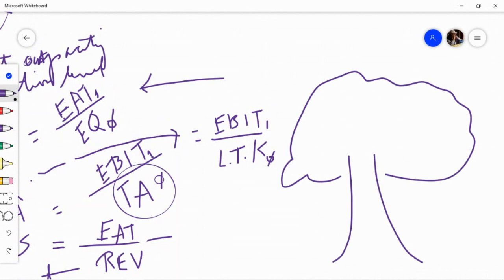And you bought this tree. But when I say you, it means shareholders, right? So let's say this tree is $10 million.